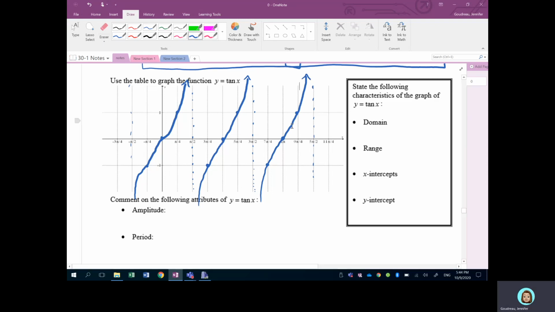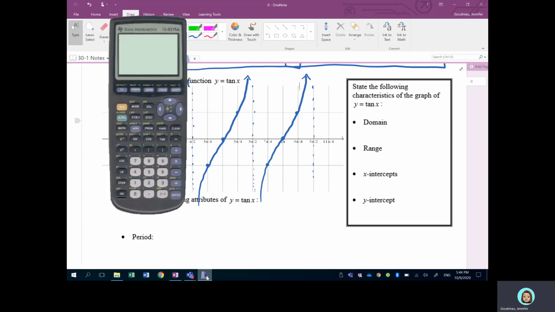We could get a bit of a clearer picture if we graph it on our calculators. So going into y equals, we'll put in y equals tangent x. Right now I am in radian mode, so I'm going to put the window in radians. We'll go from negative 2 pi to 2 pi, and we'll go by a scale of pi over 4, like we have here in the notes.